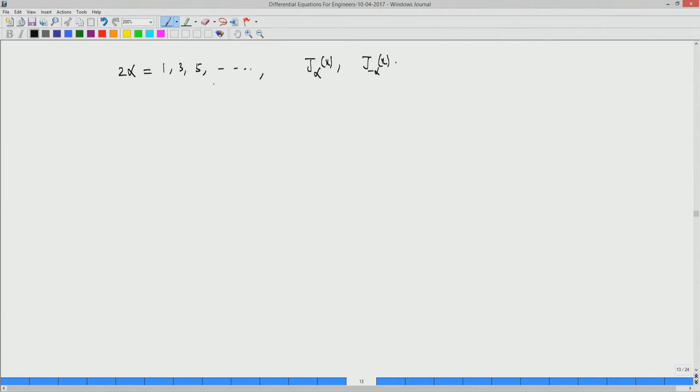In this special case, when alpha equals half, you get j half x and j minus half x. If I know this, from those two properties I can get all other values 3, 5.